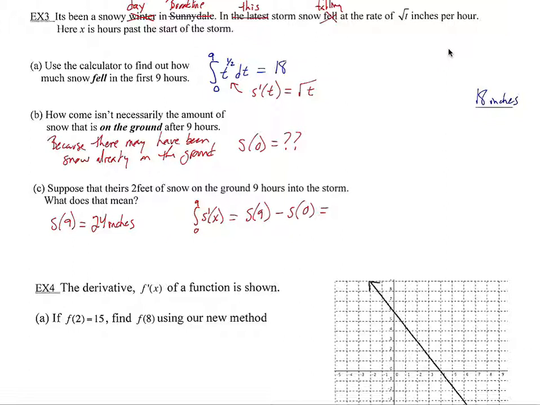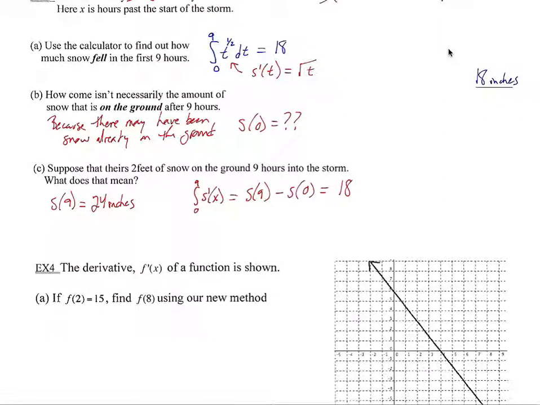So that's going to be 18, and we're told that this is 24, and we're looking for where it was at the start, and we know that at the end there was 18 inches of snow total.